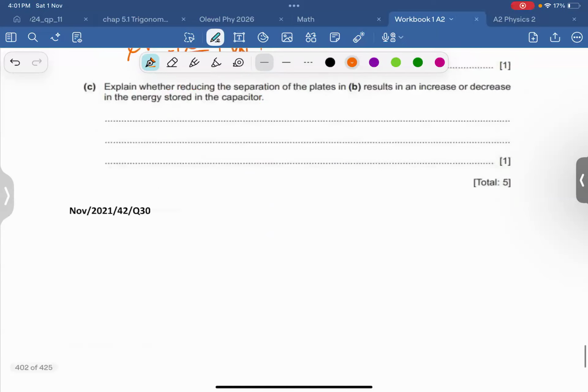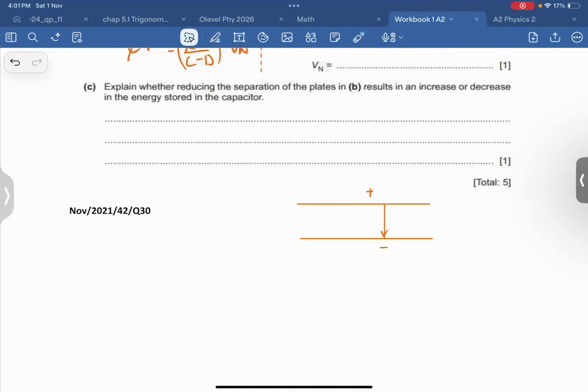Imagine you have two plates, the first positive and the second negative, so the electric field should be in this direction. If you make the plate closer to the second plate, then the plate is moving in the direction of the field, and this reduces the energy, right?